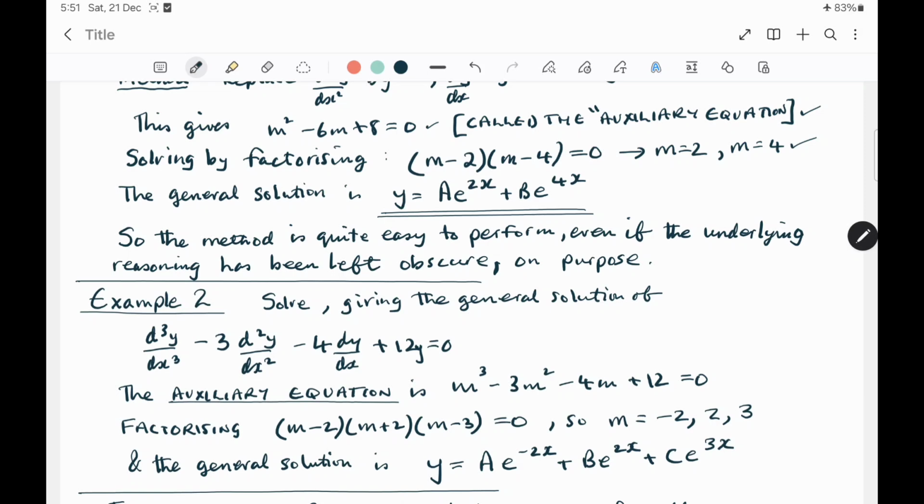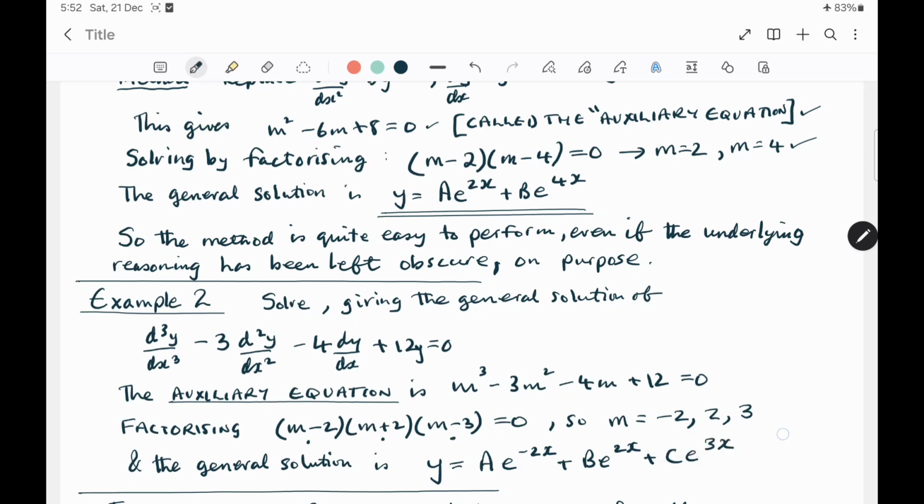We can factorize that. I won't dwell on the factorizing. I think most of you should be able to do that reasonably easily using the remainder theorem, using trial solutions. Okay, and that factorizes as m minus 2 times m plus 2 times m minus 3 equals 0. So m will be 2 from here, minus 2 from there, and 3 from here.